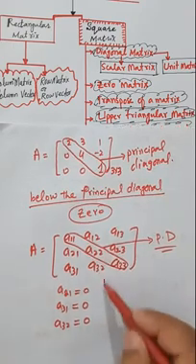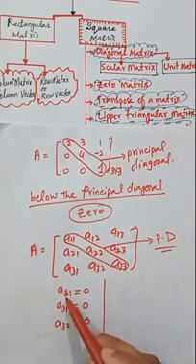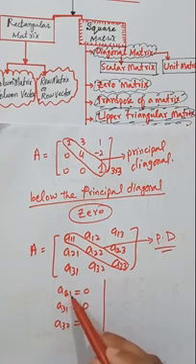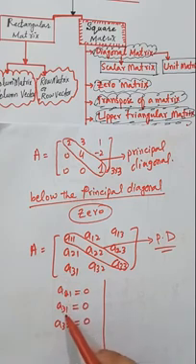So the definition becomes, in this case you see that i is greater than j: 2 is greater than 1, 3 is greater than 1, and 3 is greater than 2.